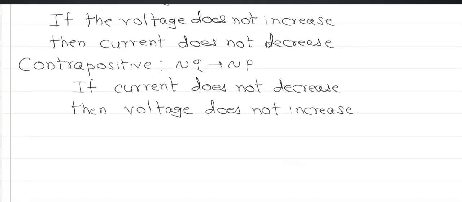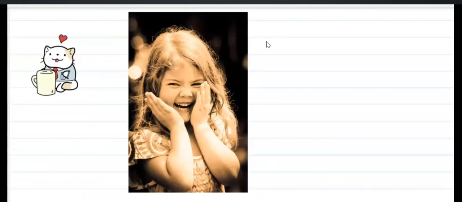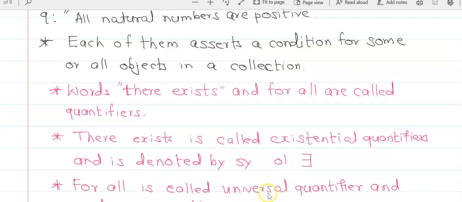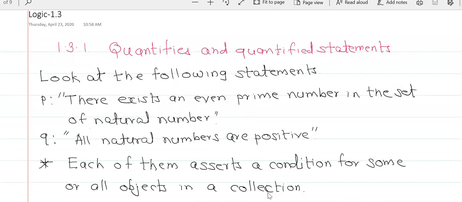And in this way, we have completed the exercise 1.3. I hope you would have understood all the problems, whatever I had explained. Again, I will show you all the notes that I had written. See this here within a minute.